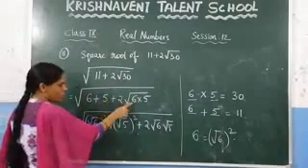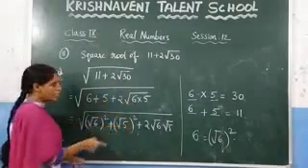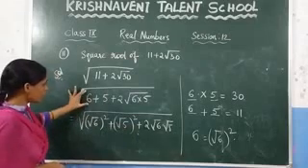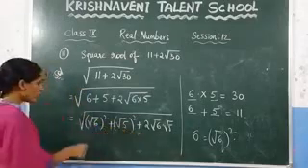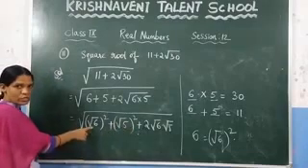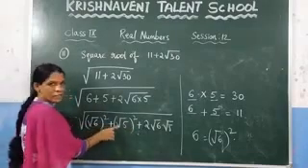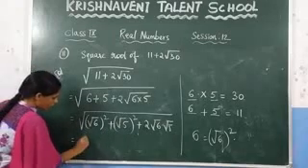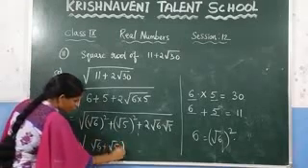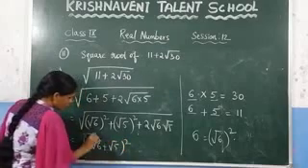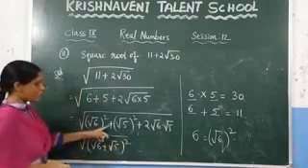Here also we have written the same thing, 6 into 5, and after that we have converted this step into the form of a square plus b square plus 2ab. Here the value of a is root 6, and the value of b is root 5. So this one you can write as root a plus root b whole square, because it is in the form of a square plus b square plus 2ab.